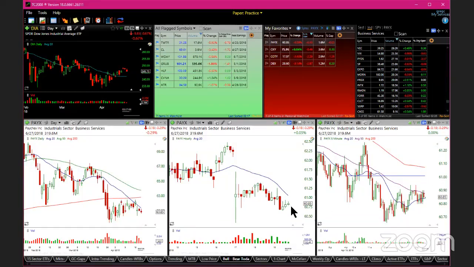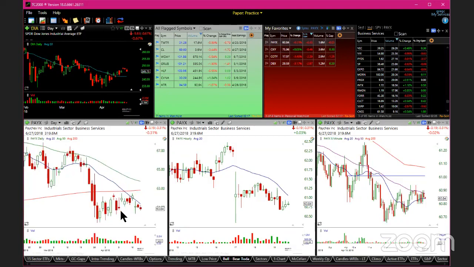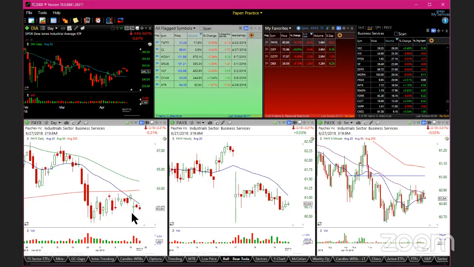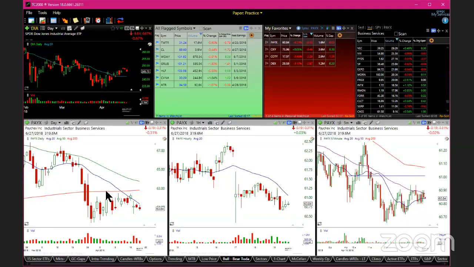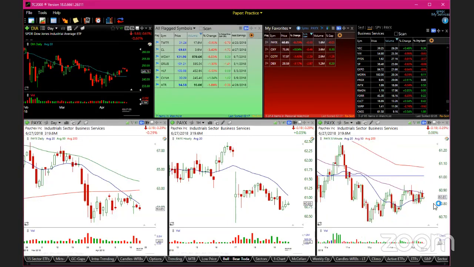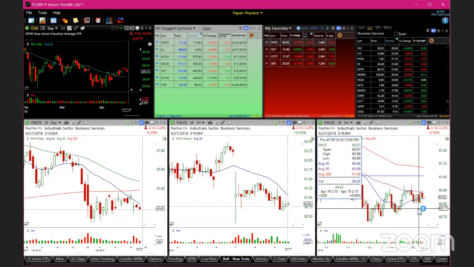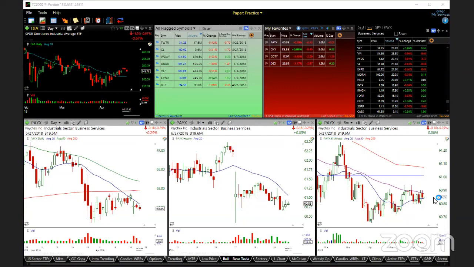As you see, the 20 MA is declining here. It's in a downtrend. Now this chop over here, a little bit of a concern, but more so just this day, that tail there. But based on this downtrend, it should go below it. I don't know if it'll do it today, but we'll see. Well, there's a setup there. So paychecks below 60.80.